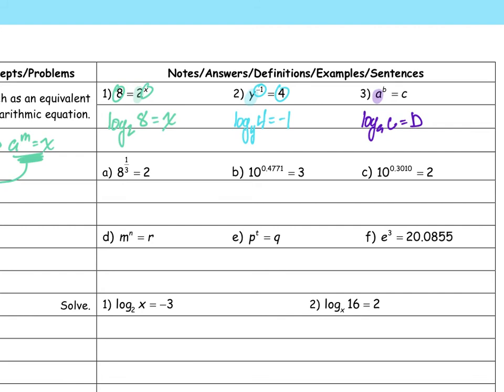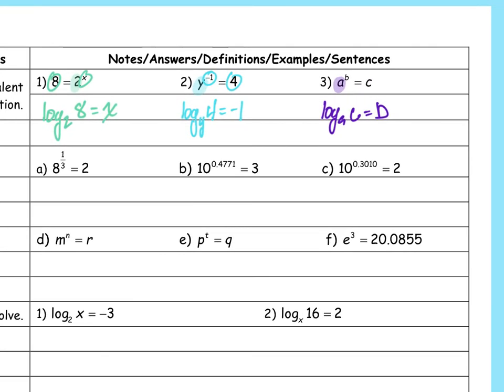And then when I put this into the chat box, you guys, because it's easy to do exponents with the little caret key, you can't do a base. So what we've decided to come up with is we just do this log base, and then in parentheses we put our base. So log base a of c equals b. So whatever our base is for our logarithm, we're just putting it inside parentheses so we know that that's our base, because there's no way to make a subscript in the chat box.